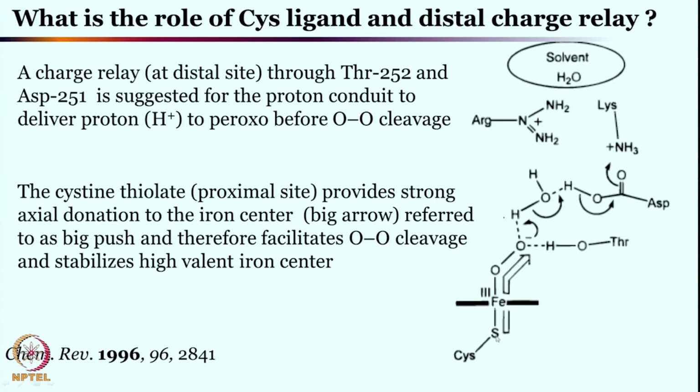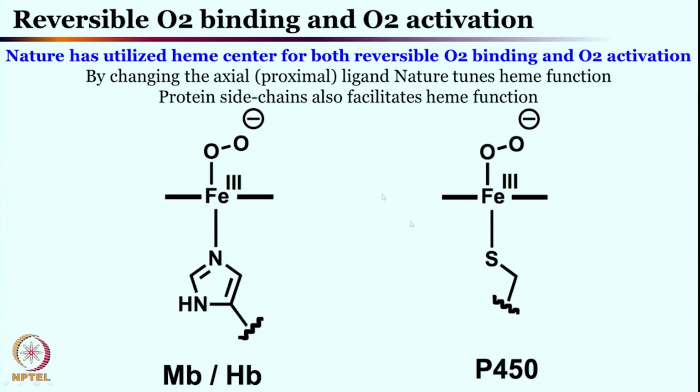Overall, not only does this cysteine big push cleave the oxygen bond, it also helps stabilize the high valent iron oxo intermediate that is going to be formed at this iron center. So, just to summarize this part, the role of this cysteine thiolate versus histidine in hemoglobin and myoglobin is quite crucial. Nature has utilized the heme center in both cases, in hemoglobin, myoglobin and cytochrome P450, for both reversible oxygen binding and oxygen activation.